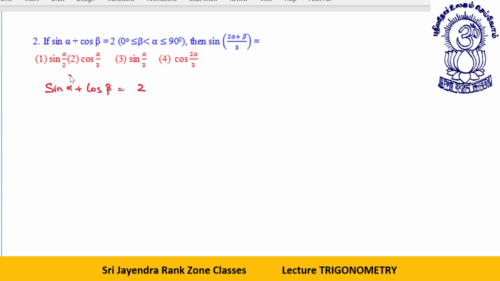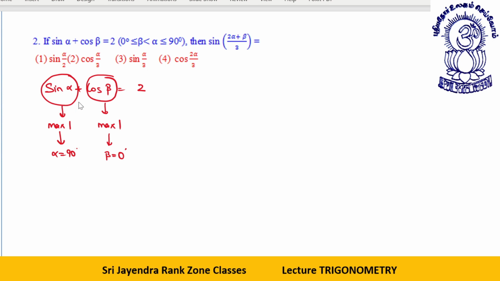You have one sine thing, you have another cos thing. The maximum value of this is 1. The maximum value of this is 1. So from here, you can say alpha is equal to 90 degree and beta is equal to 0 degree without applying a lot of brains. The question automatically becomes very easy.